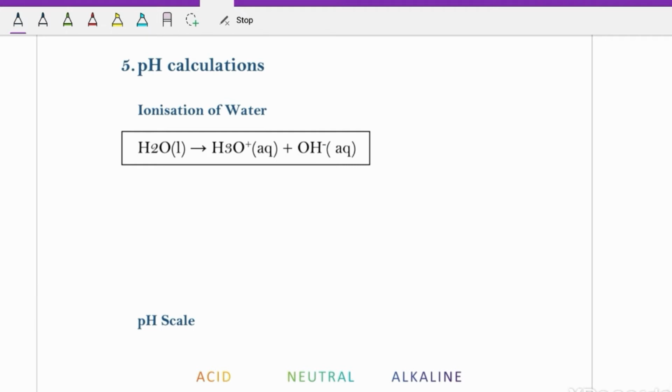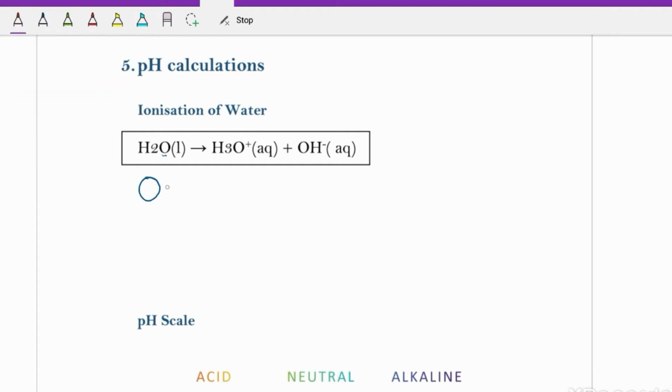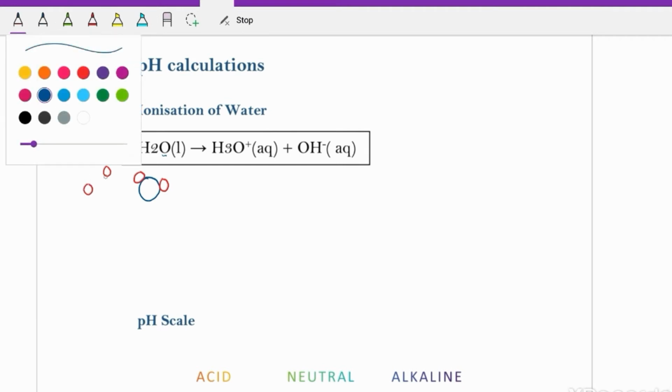Okay, so just to illustrate this, if you have a water molecule, you've got one oxygen, and attached to my one oxygen, I've got two hydrogens. So when my water molecules start to ionize, now remember that there's more than one. There's a lot of these molecules inside of your beaker, millions of them.